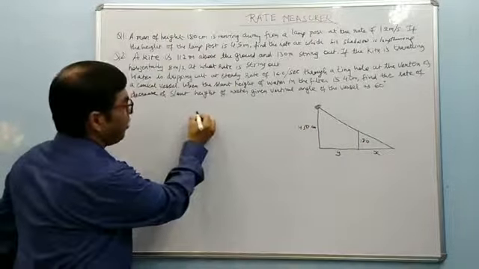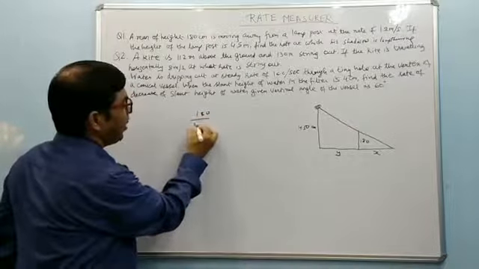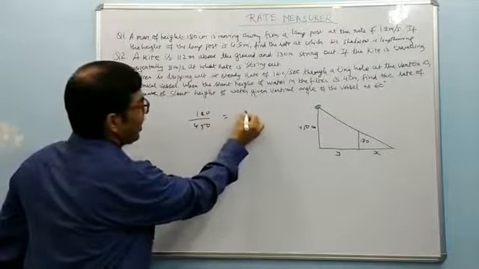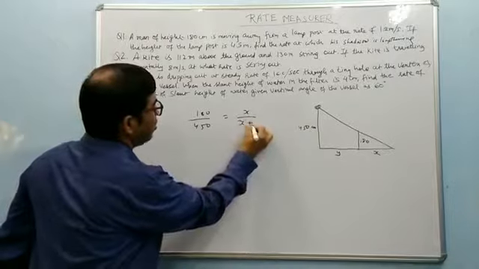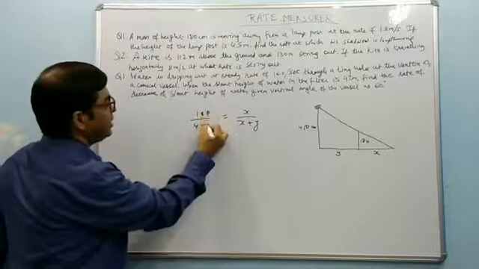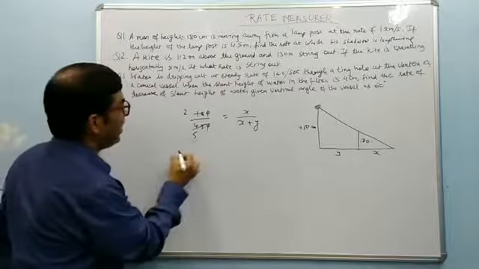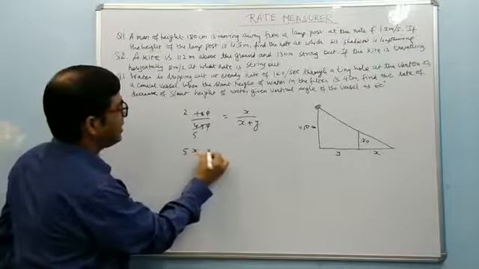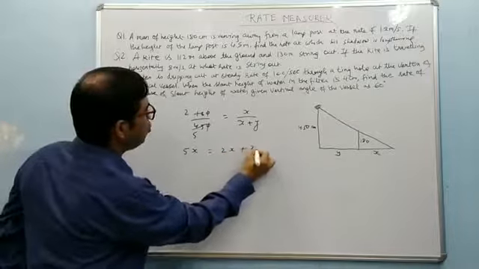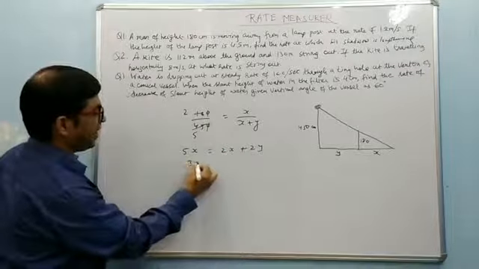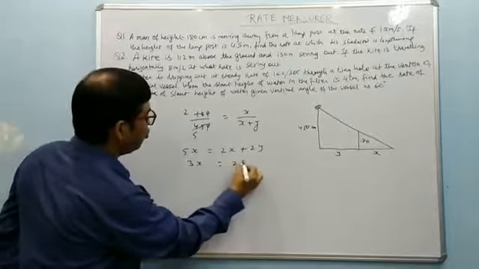So it is coming out to be 180 divided by 450 is equal to x divided by x plus y. So this is 2 by 5 on cancellation with 9. So 5x is equal to 2x plus 2y. So this is 3x is equal to 2y.